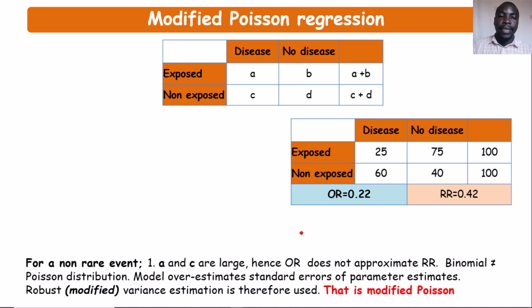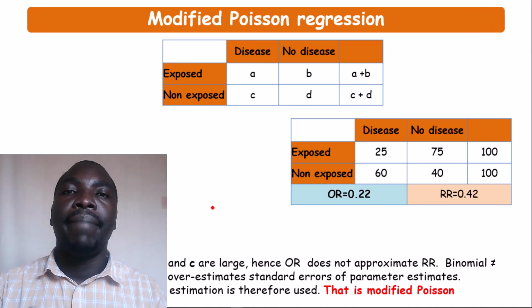So we utilize the Poisson distribution, but since it has a limitation of overestimating standard errors when the outcome is common, we use the robust variance estimations while running that Poisson model.